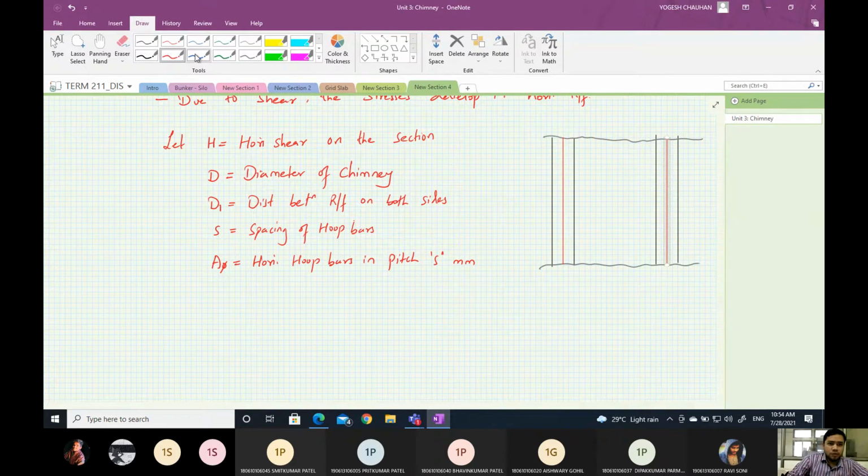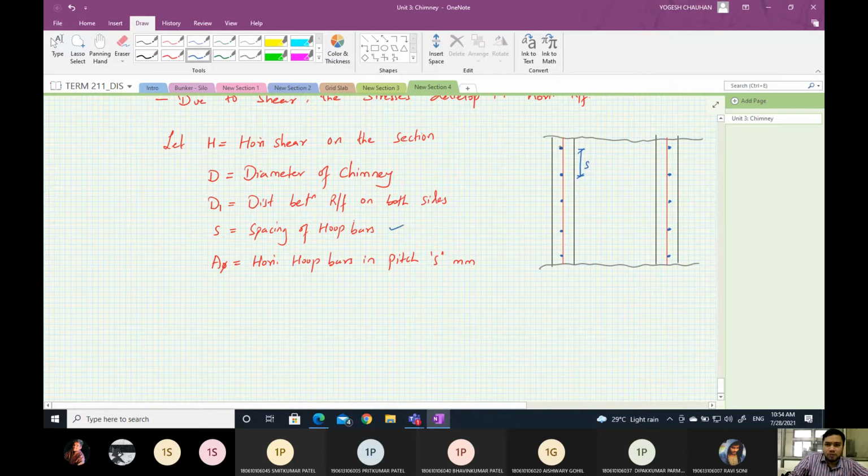This is the vertical reinforcement, and these are the hook bars which are provided in the form of ring. The spacing between these bars is S. Okay, so this is the S spacing between the hook bars.